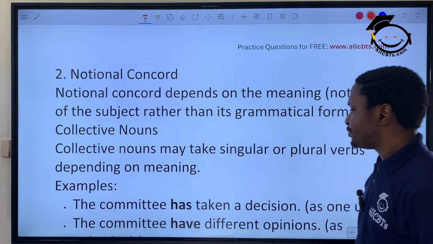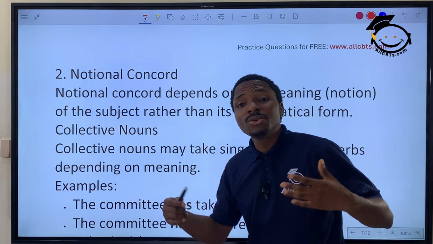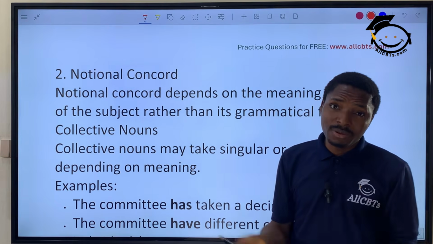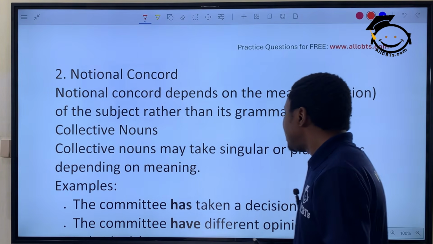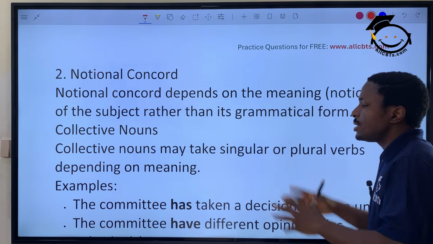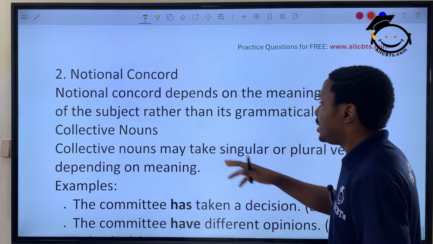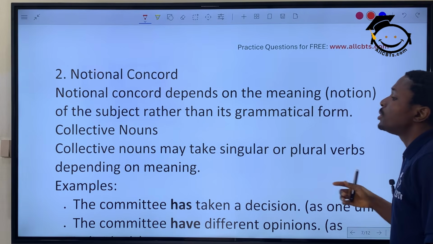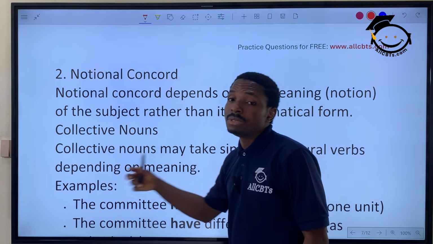So now, committee does not have a plural form. Committee means a group of people. So the committee has taken a decision as one unit. So let me go back to collective nouns. Collective nouns may take singular or plural verbs depending on the meaning.